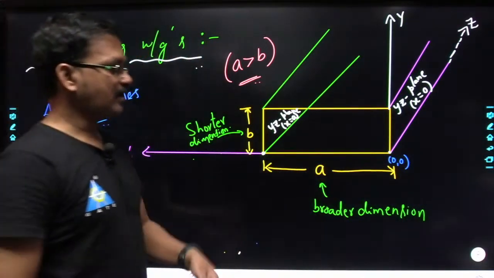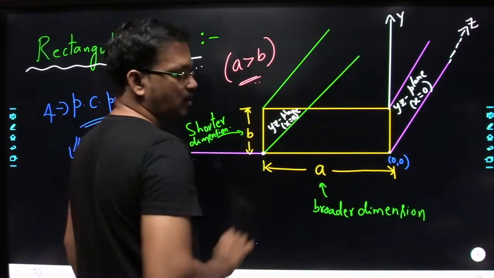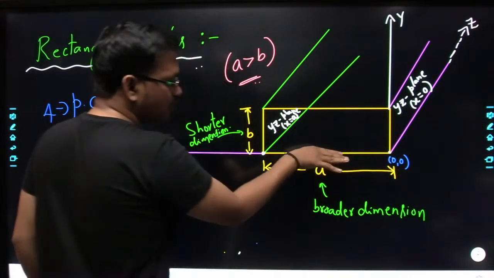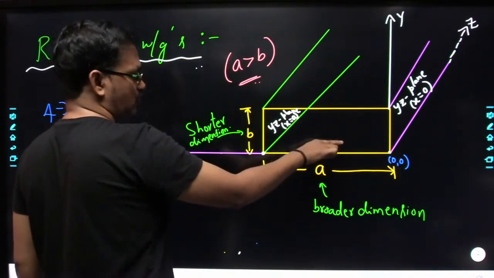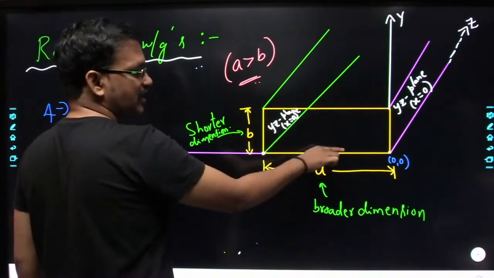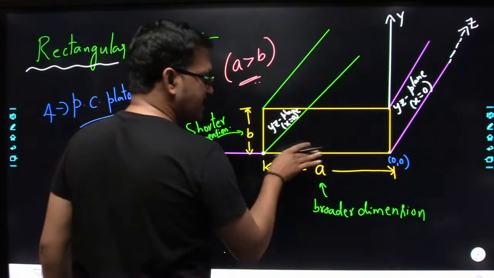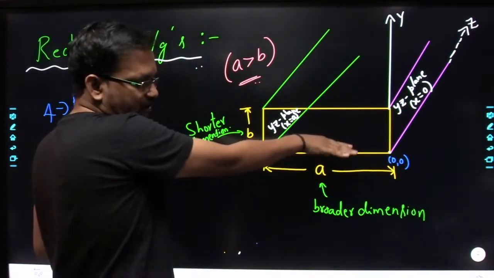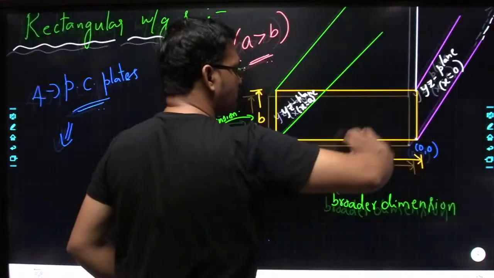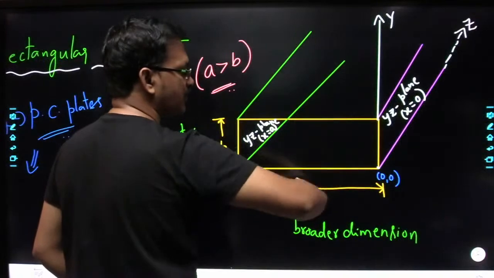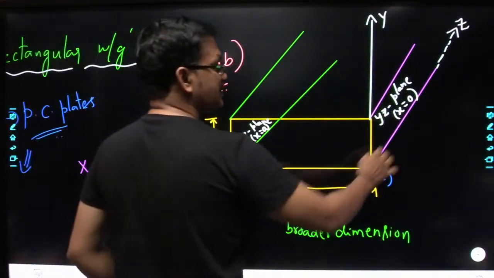And similarly you have two conducting plates at the bottom and at the top. If you move from bottom to top, what is going to vary here? As you move from bottom to top, y is going to vary, right. So the bottom plane represents the y equal to 0 plane. On the bottom plate, x is going to vary and z is going to vary.